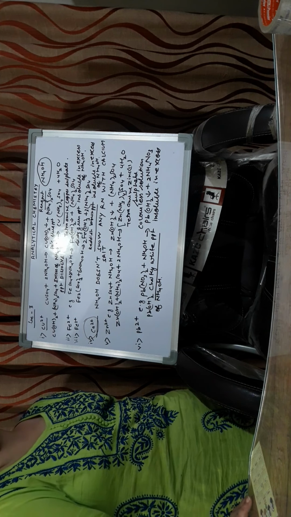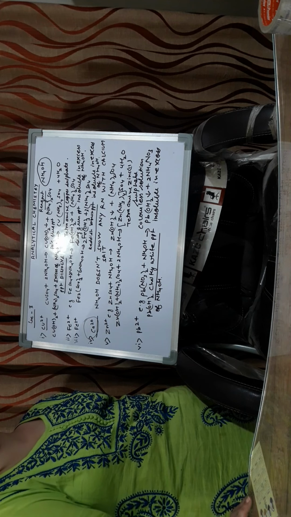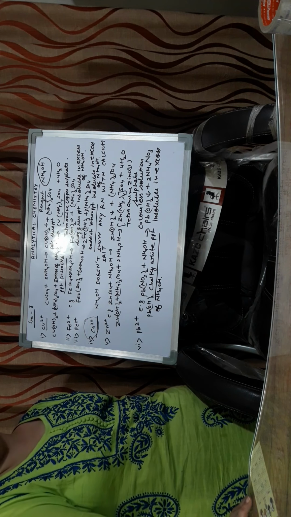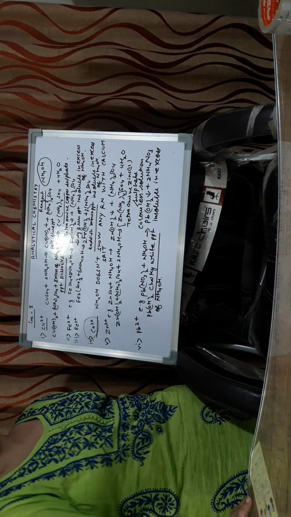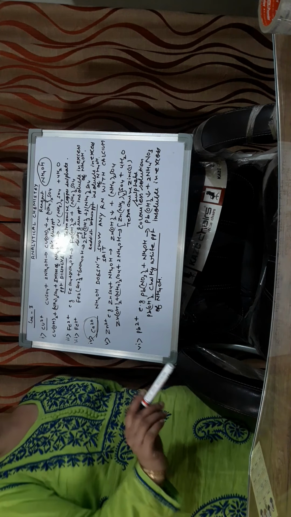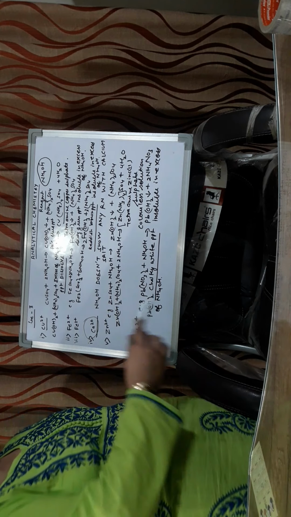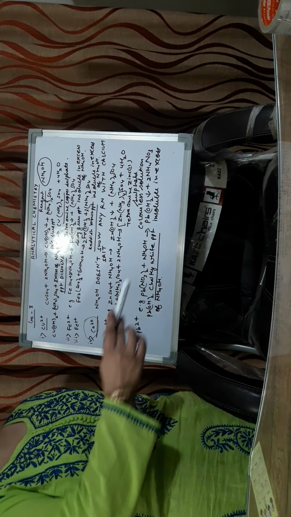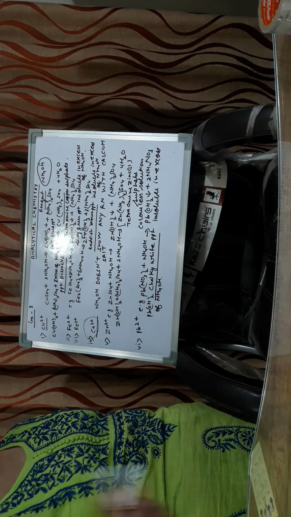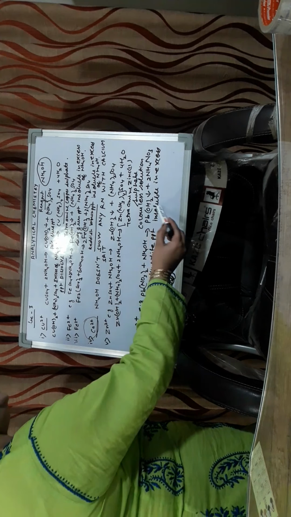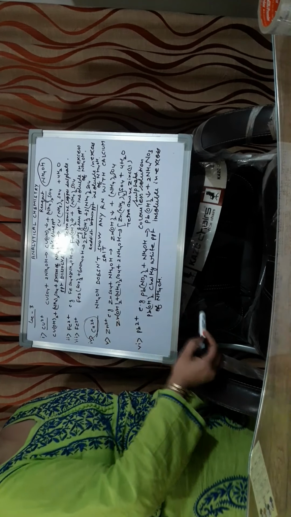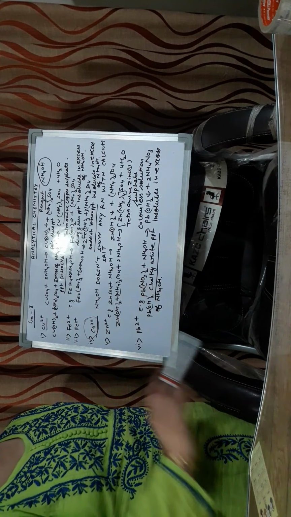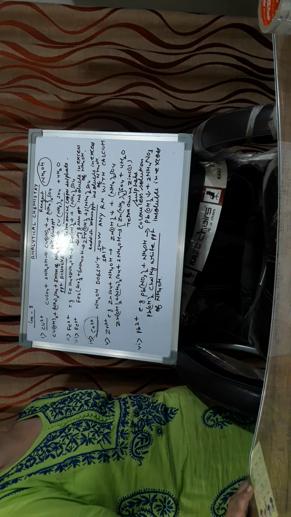In case of sodium hydroxide and potassium hydroxide, you obtain a curdy white precipitate, which is soluble in excess of NaOH and KOH. But in case of ammonium hydroxide, for the detection of lead cation, it's a chalky white precipitate and it is insoluble in excess of NH4OH.